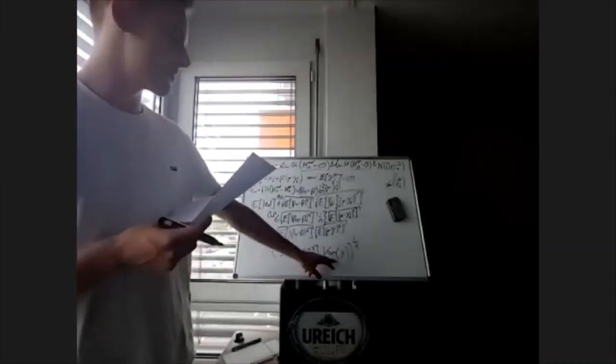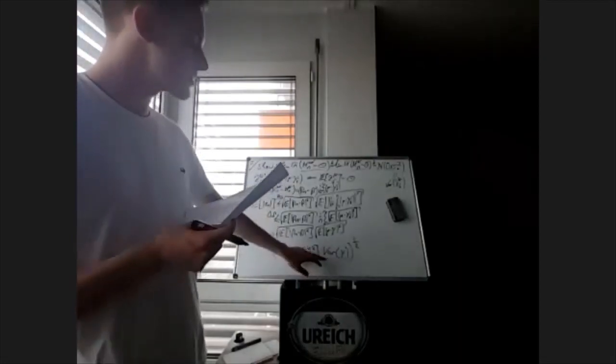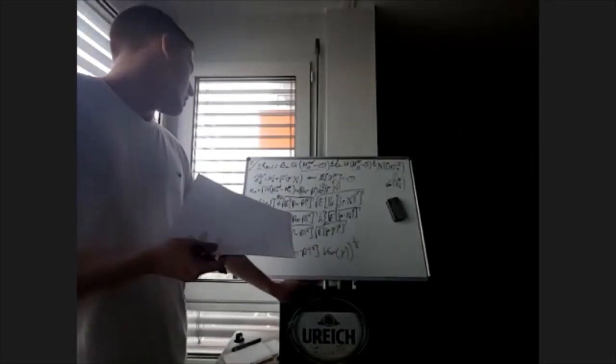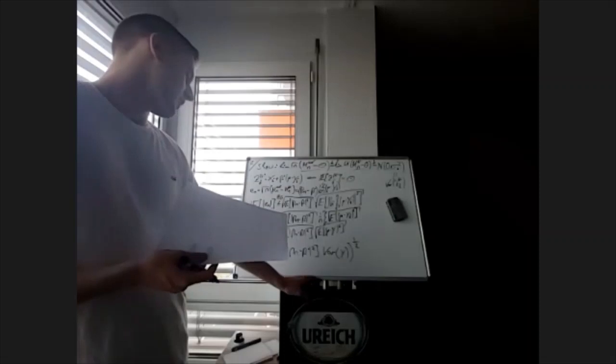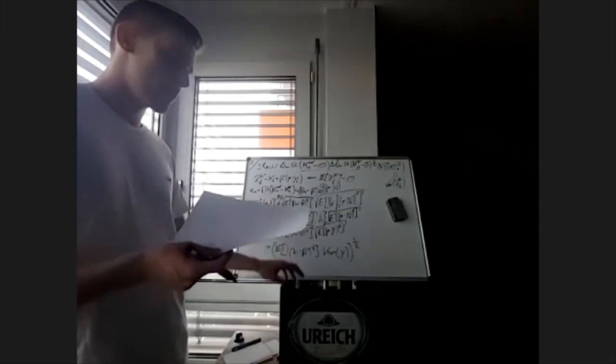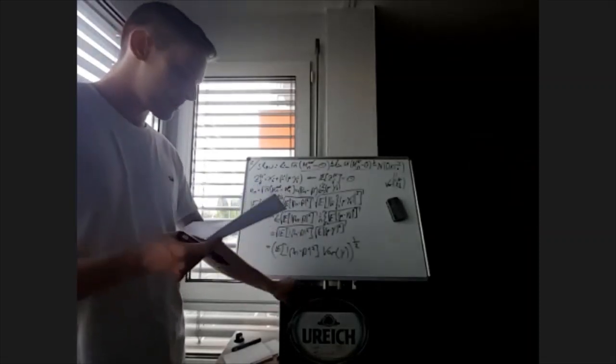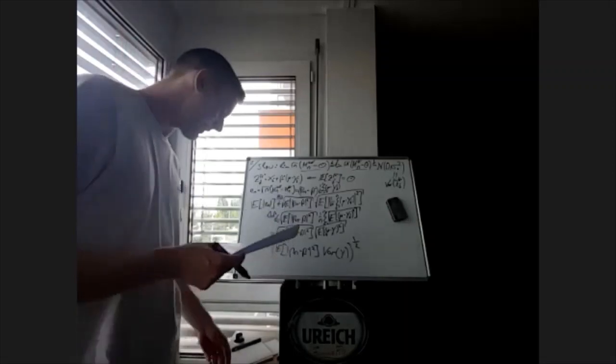Well, remember what we wanted to show? We wanted to show that this goes to 0. Well, how can this go to 0? This is non-zero, but finite. So when this part goes to 0, then we are good. Question is, does this part go to 0? Let's check.